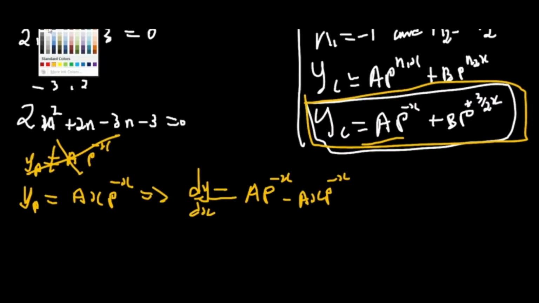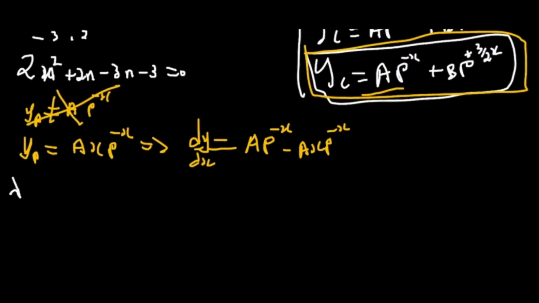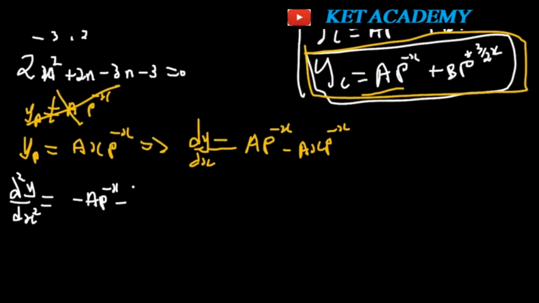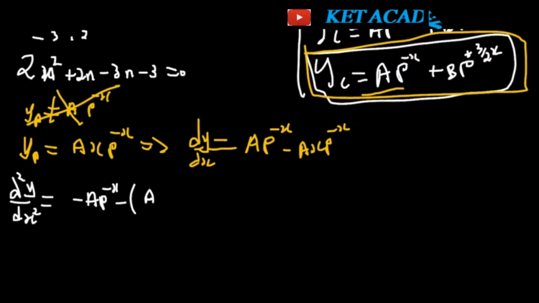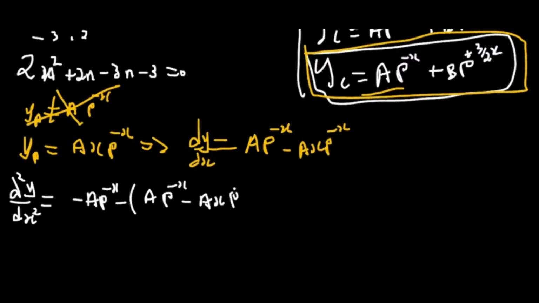Now moving on to the second derivative, d squared y over dx squared. This will give us minus a e to the minus x. Looking at this, if we factor out minus, this is going to be exactly the derivative of this function. So it will be a e to the minus x minus ax e to the minus x.